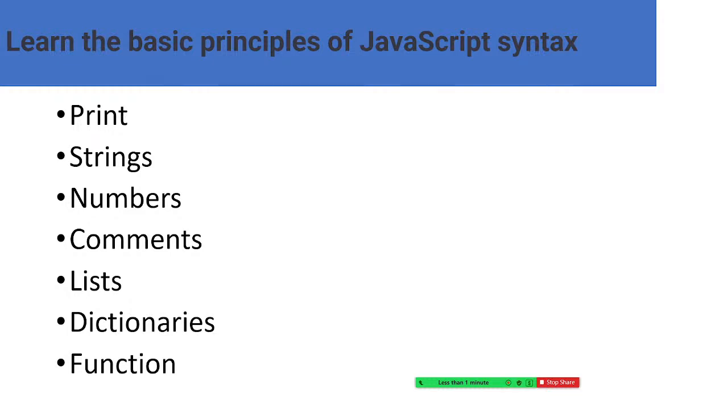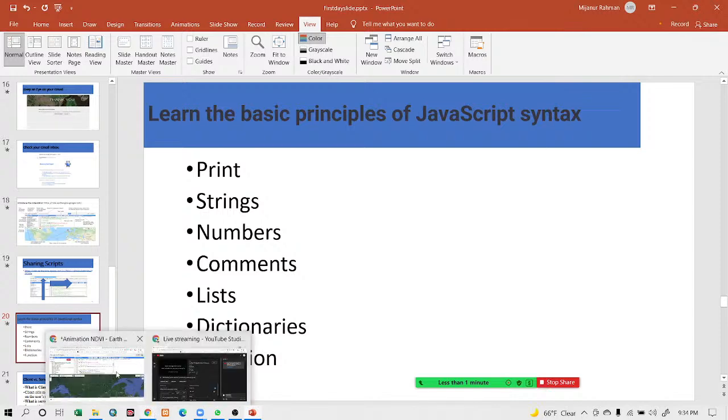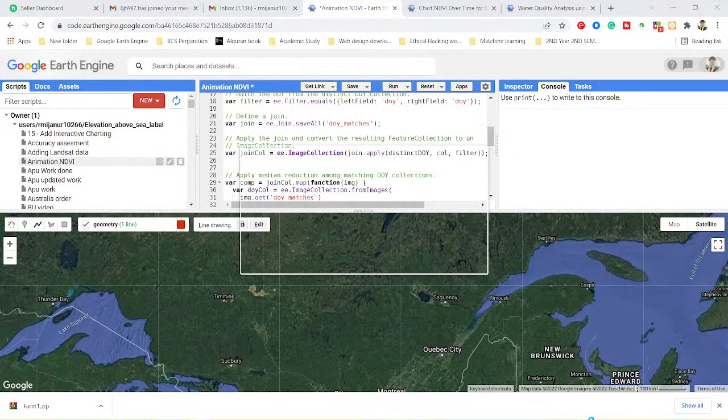So basically these are the fundamentals of the JavaScript programming language for a beginner. I hope when you complete this session you can easily understand some basic fundamental things of JavaScript syntax. And for this I simply go to my code editor and practically show all of the examples and explanation about the JavaScript syntax.